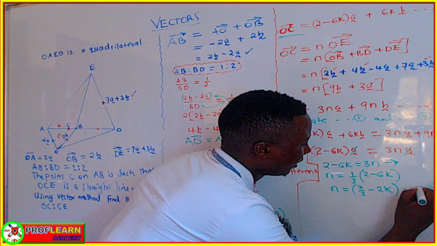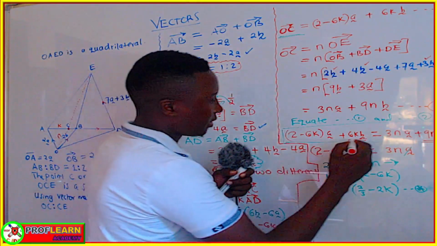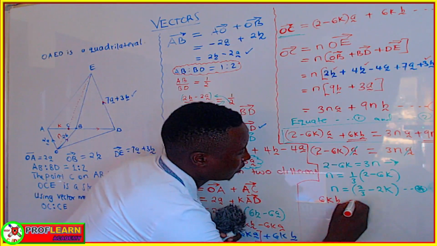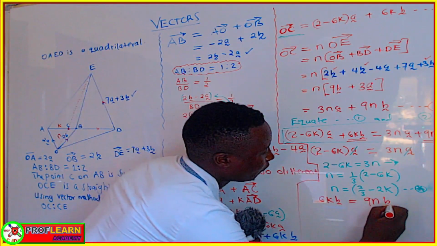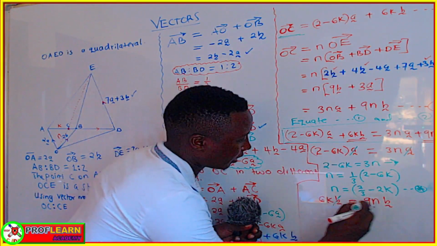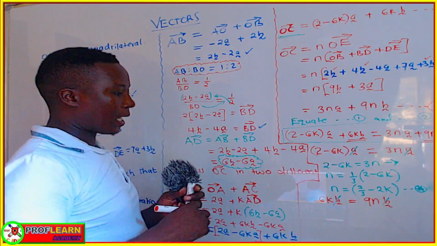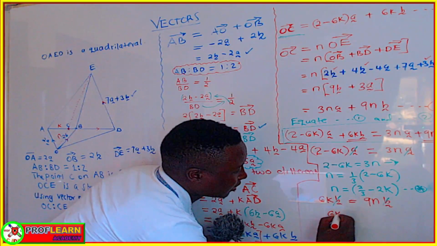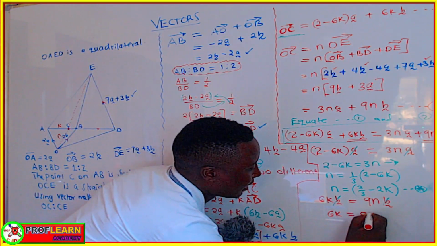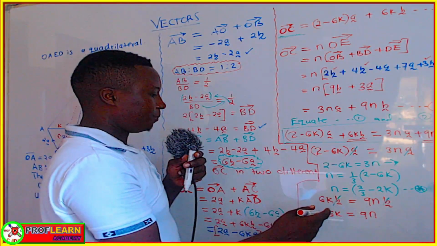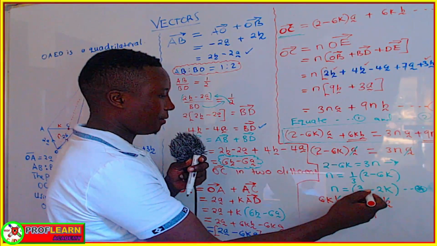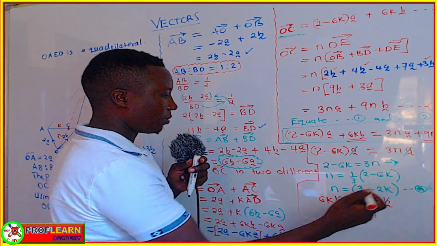Now using the coefficient of b, we say 6k vector b should be equal to 9n vector b. Then b cancels out, so we have the equation 6k equals 9n. But we have said n is equal to 2 over 3 minus 2k.